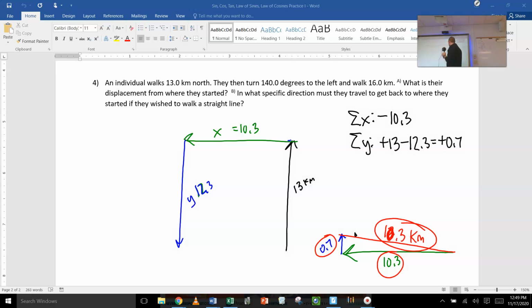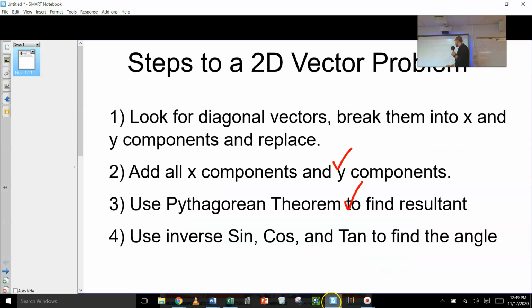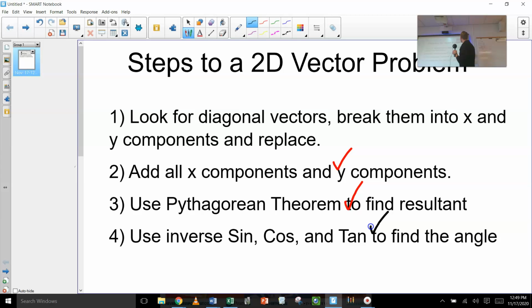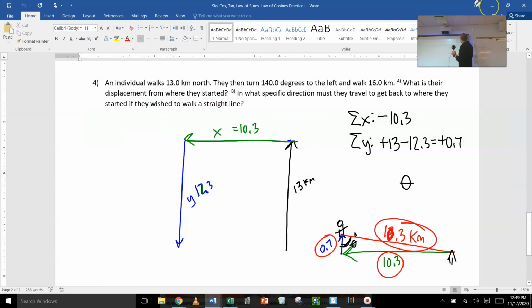So here, when it's at the end, here you are, and you want to get back home. Find this angle. I'm going to use inverse sine, inverse cosine, or inverse tangent, right? The opposite over the adjacent ends up to be something like 86.1 degrees.